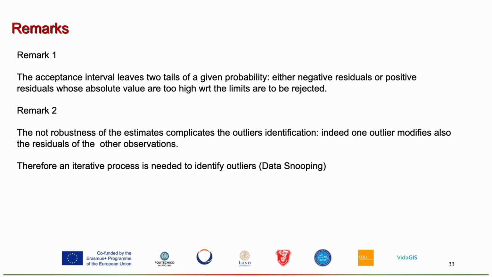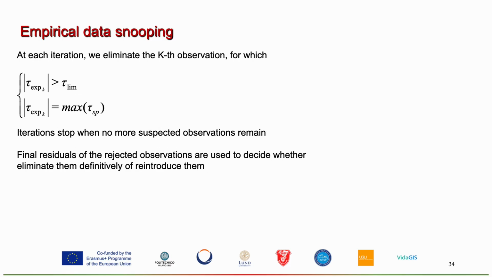So probably when you have just one or two outliers in your population, the Thompson test applied as the theory states could fail also for other observations. So it is better from a practical point of view to implement an iterative process that is empirical, and it is called data smoothing.